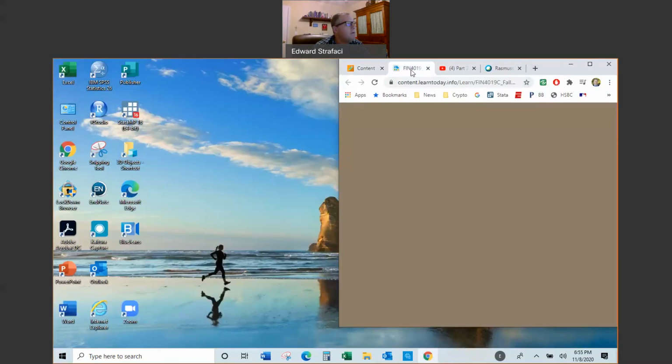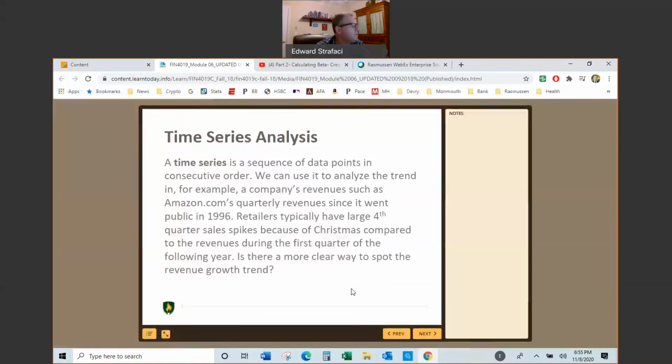Okay. So that's time series, and we can also do it with retailers. So you can watch a retailer's stock or a retailer's earnings as it moves across time series. And if you did a retailer, you'd have this kind of relationship.